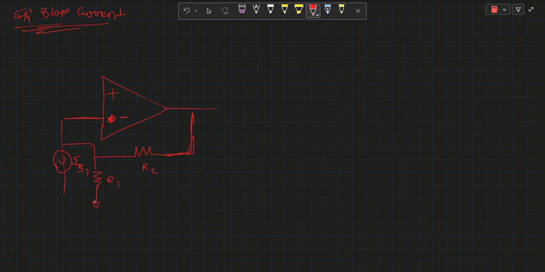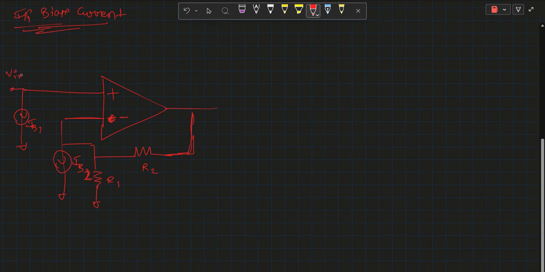This is R2, this is R1 connected to the ground, and this one is the IB2 input bias current, not IB1. There is another input bias current, which is IB1.